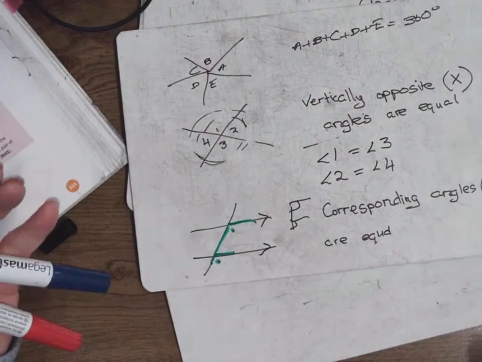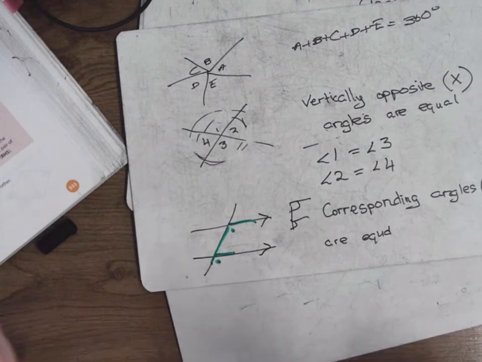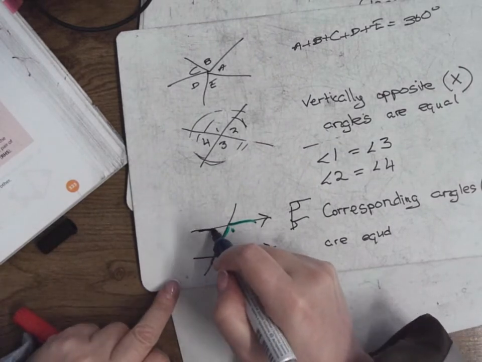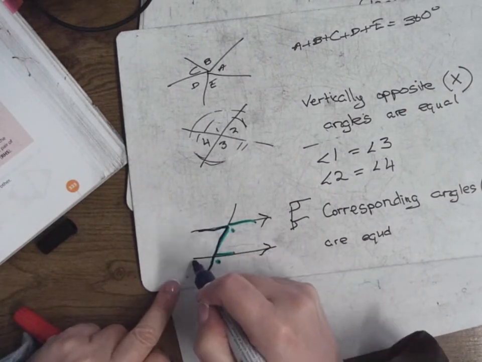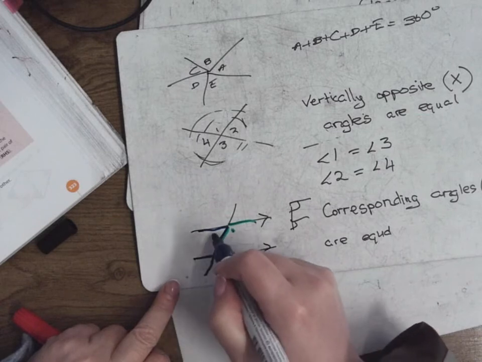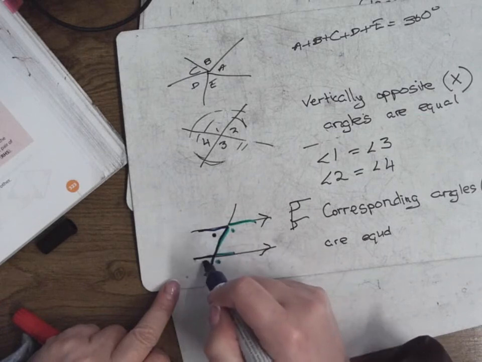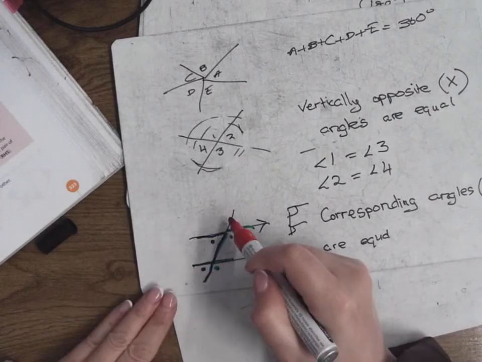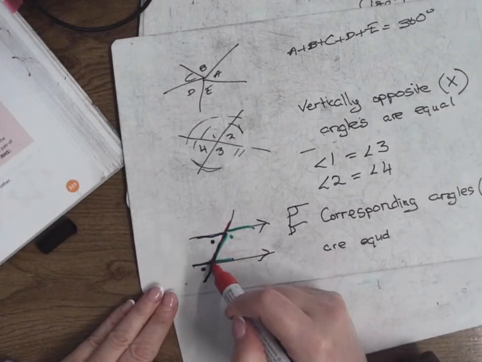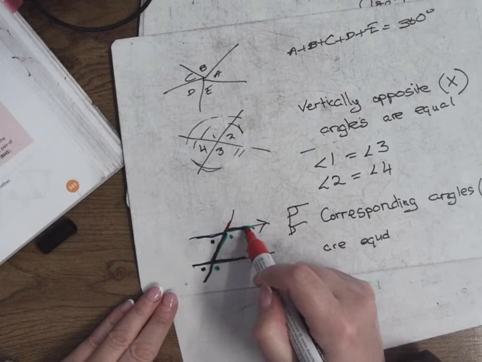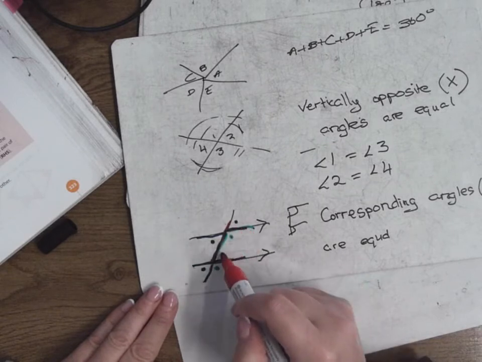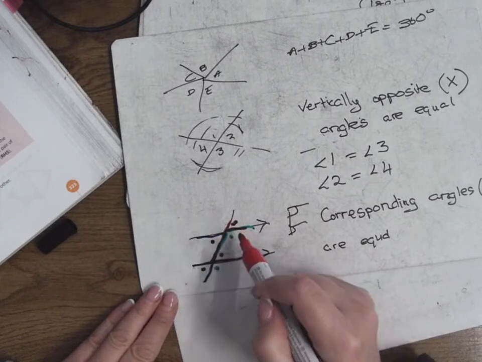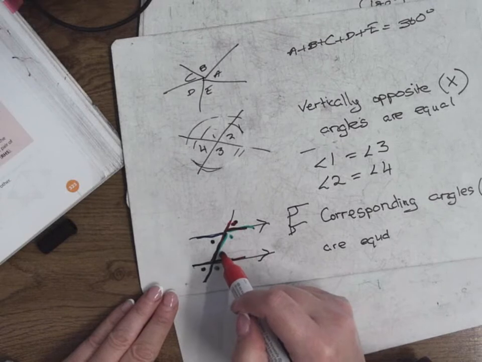I could do a backwards F. There's a backwards F, so that angle there and that angle there are equal. I could do an upside down F, so that angle there and that angle there are equal. And so on.